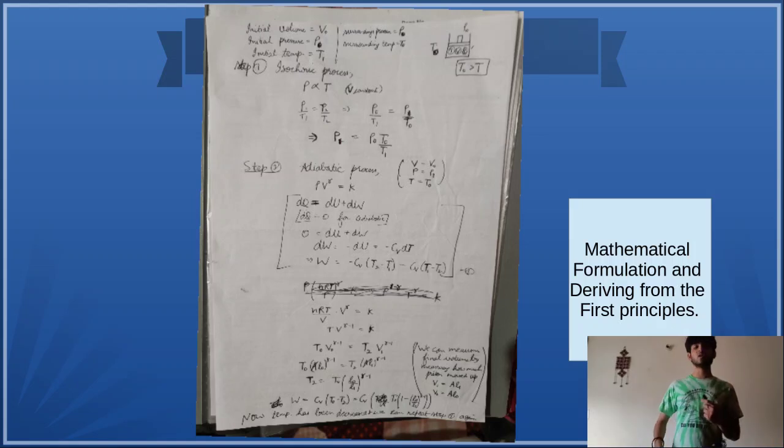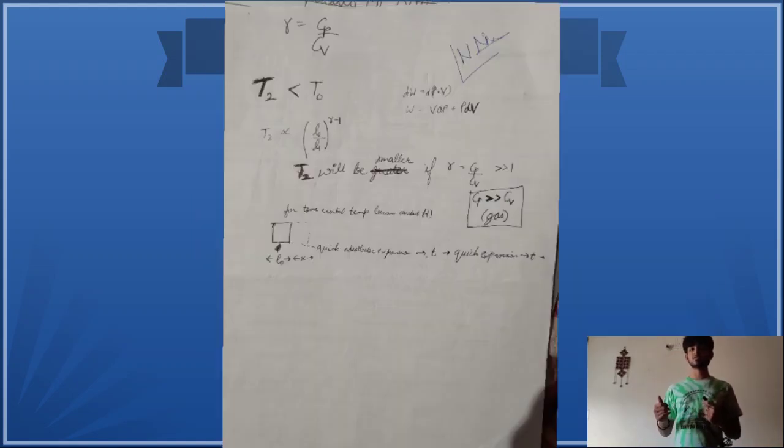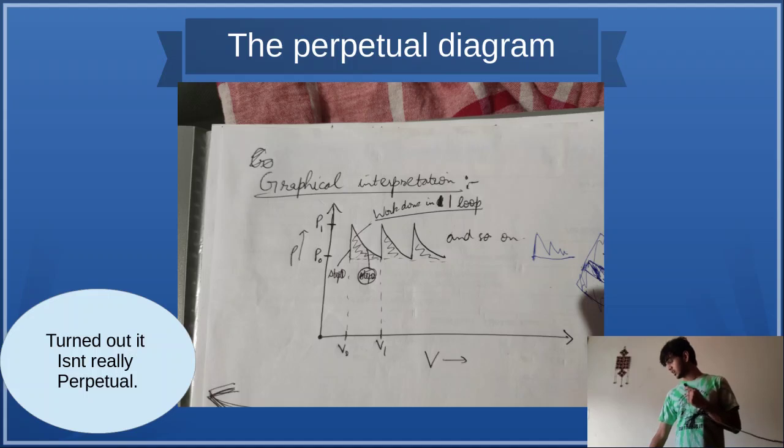Now when I derived the formulas, I found out that it's not actually as perpetual as I thought it was. It is not 100% energy efficient. I thought the diagram would look like this, with a constant increase and decrease of pressure and volume, but that is not the case.